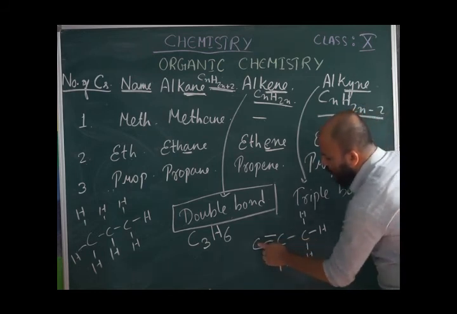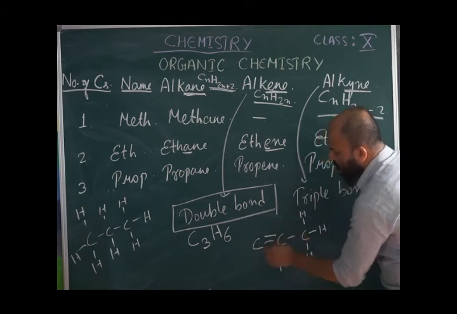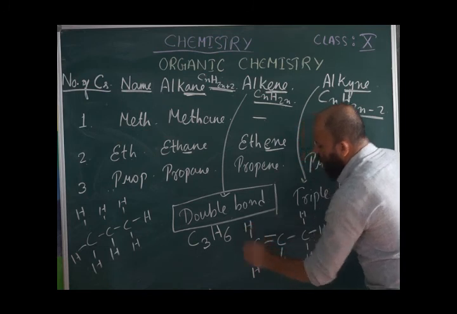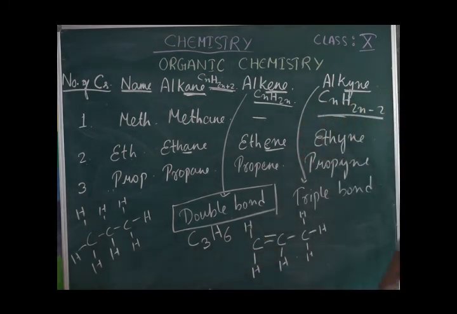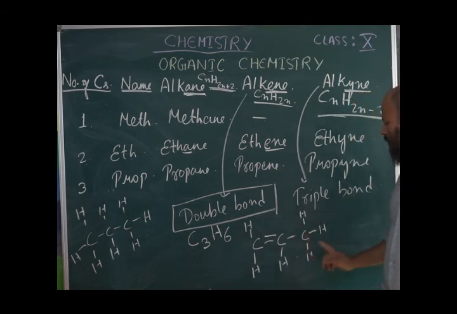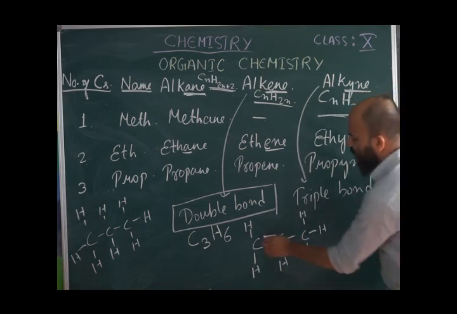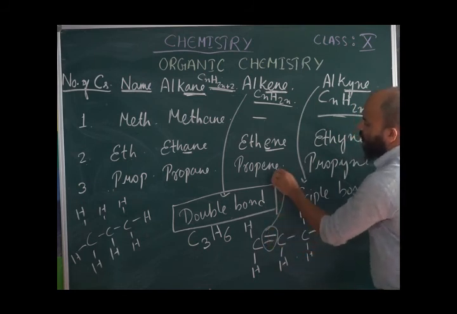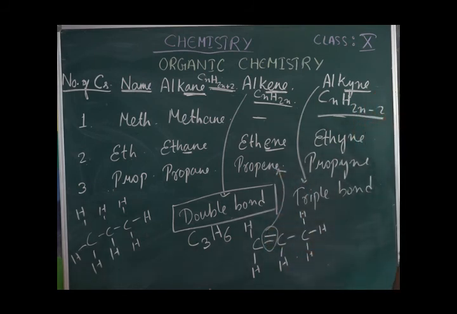And here this carbon has 2 bonds, and it can form 2 more bonds with hydrogen atoms. Now please kindly count the number of hydrogen atoms. 1, 2, 3, 4, 5, 6. And don't forget, it contains a double bond. This is the formula for propene.